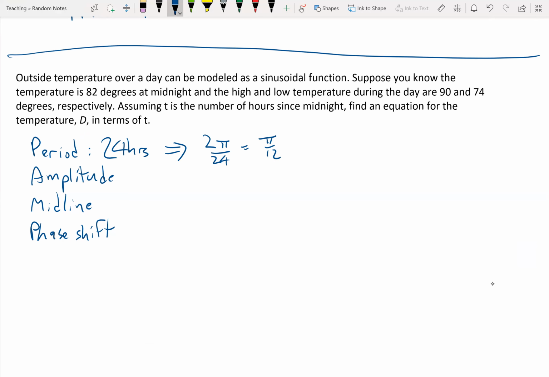The rest of them, the number gives us the direct number in the equation. So for example, the amplitude is half the distance between the high and low point. If I did 90 minus 74 divided by 2, that would be 16 over 2, which is 8. That's the amplitude, 8 degrees in this case.